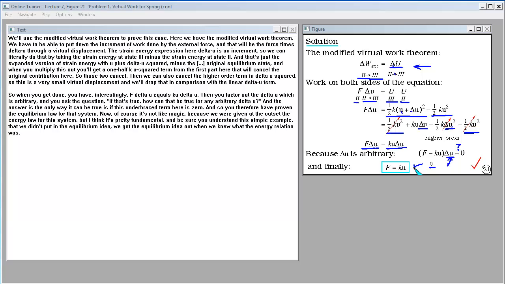Now, of course, it's not like magic because we were given at the outset the energy law for the system. But I think it's pretty fundamental, and be sure you understand this simple example, that we didn't put in the equilibrium idea. We got the equilibrium idea out when we knew what the energy relation was.